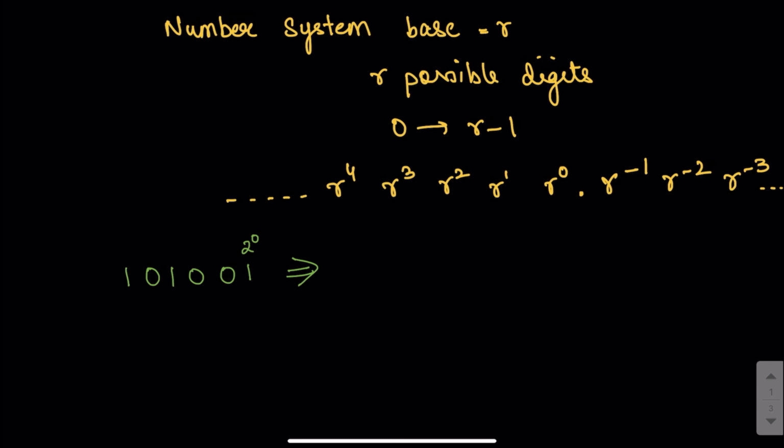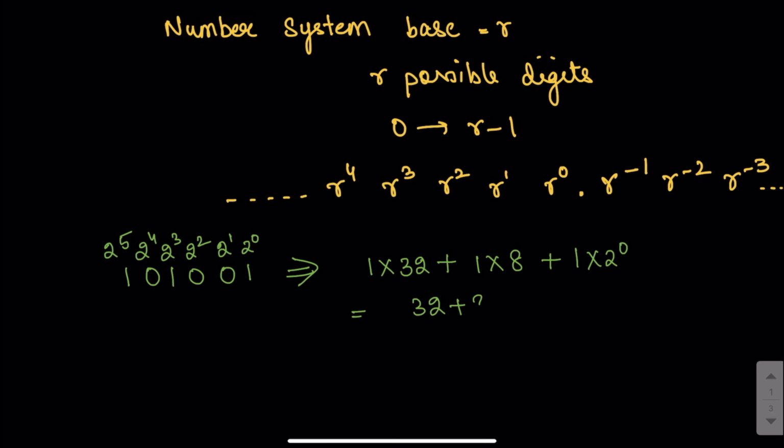This is 2 to the power 0, 2 to the power 1, 2 to the power 2, 2 to the power 3, 4 and 2 to the power 5. So this becomes actually 1 into 32 plus 1 into 8 plus 1 into 2 to the power 0, which is 32 plus 8 plus 1, and yes, this is 41. So hence verified.